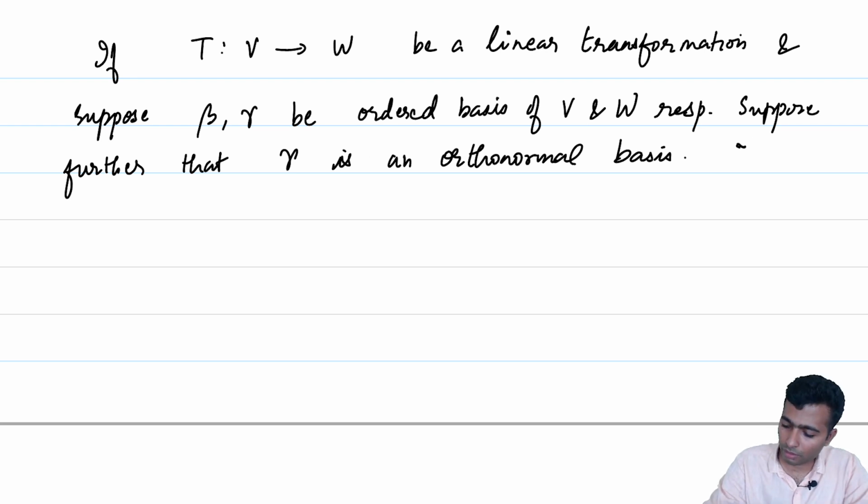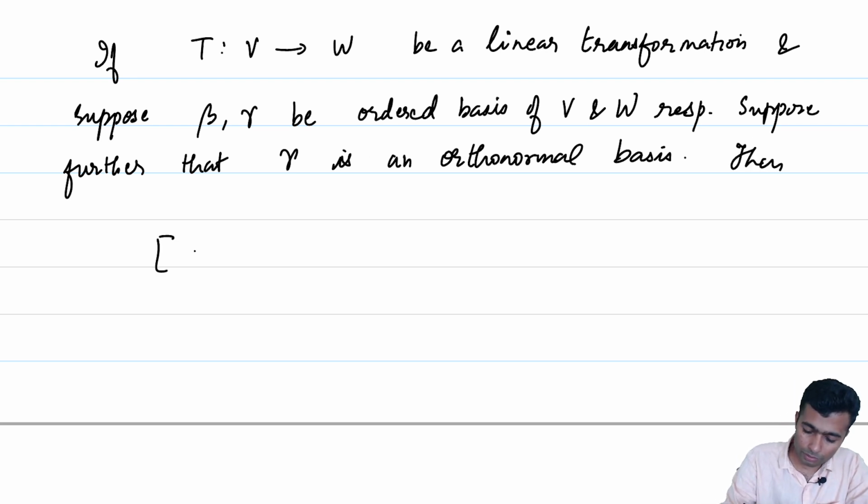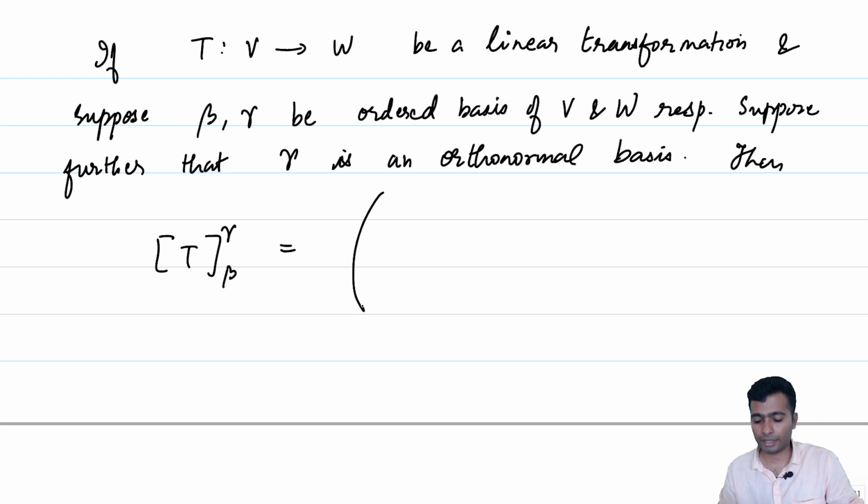Then if you notice what the matrix of T with respect to beta and gamma is, I'll just write it as this.